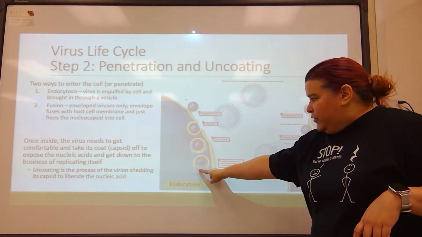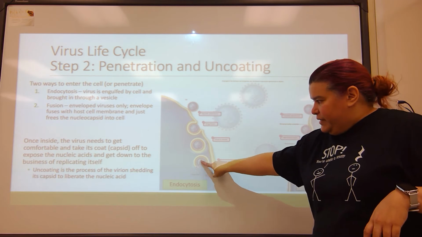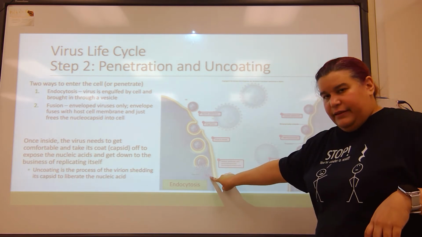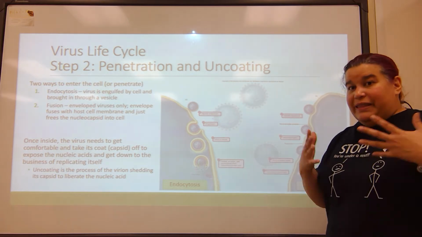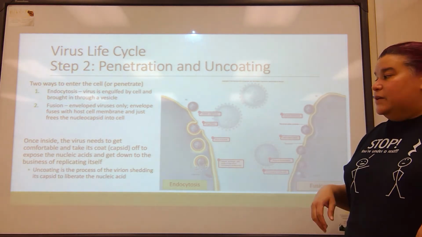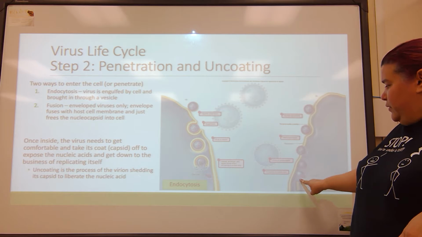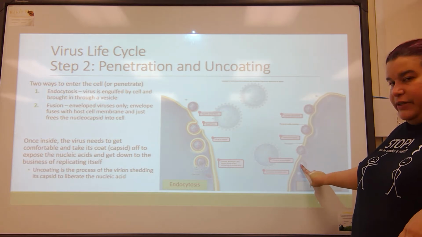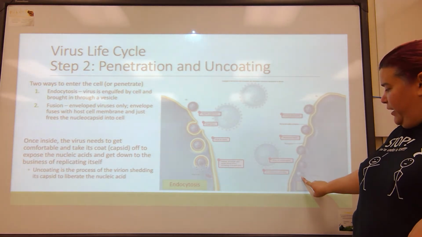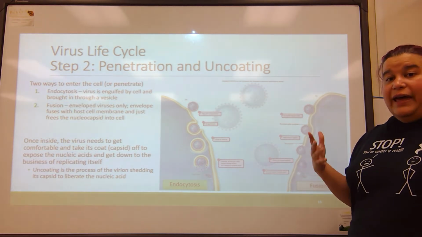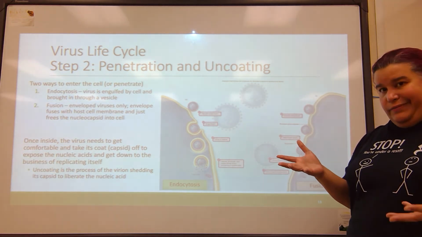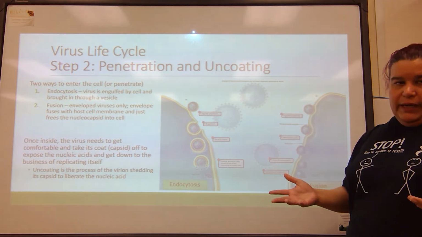So here you can see that this is broken and the genetic material is out. This would be the uncoating, okay? So here you can see it as well, where here it's a solid virus, but here there's the genetic material coming out. It's uncoating so that the genetic material can go take over the machinery to start making copies.